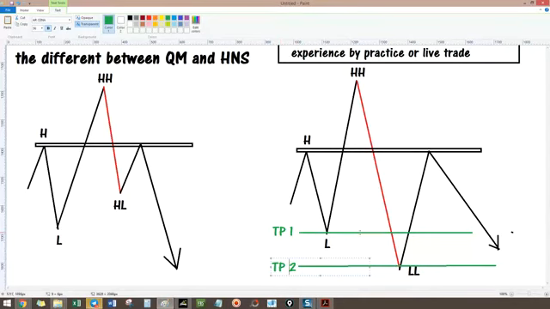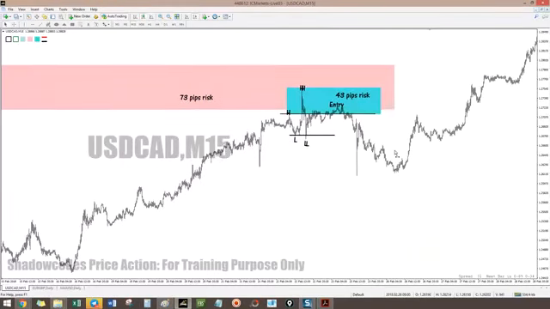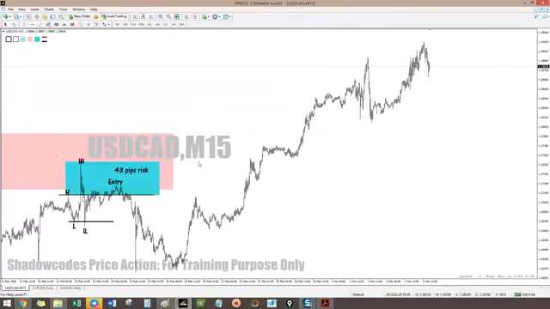I mean, how is the QM? I don't know how the high, low is confused. On USD CAD M5, are you telling me to say this one? Do you want to know about this one, Zeko? I need a response. Are you asking about this one?